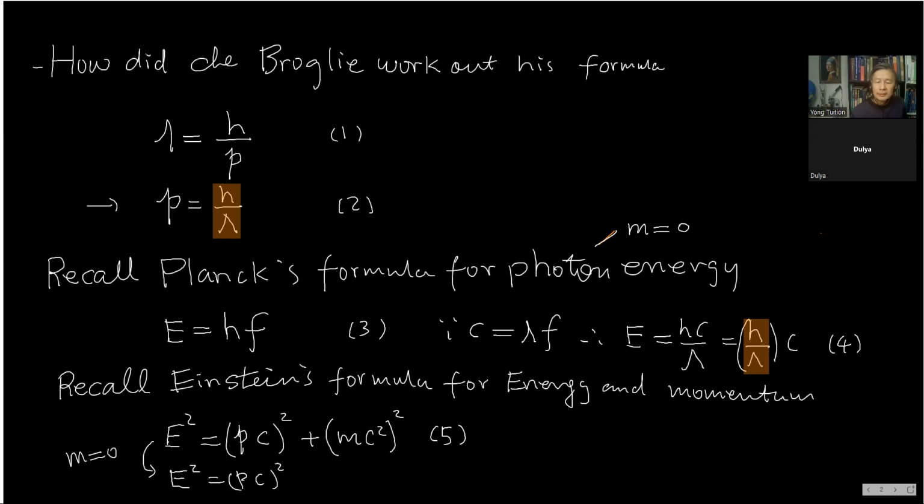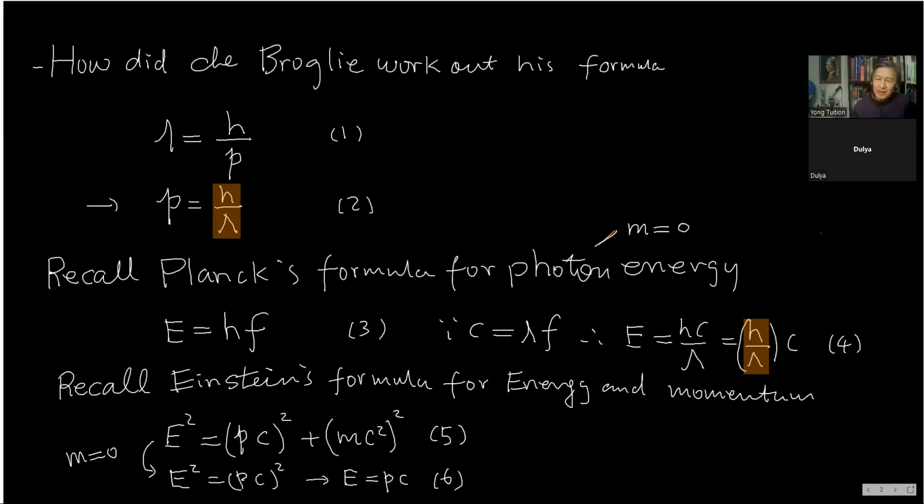The second term vanishes because mass equals 0. Or we can simply say the energy is equal to P multiplied by C.